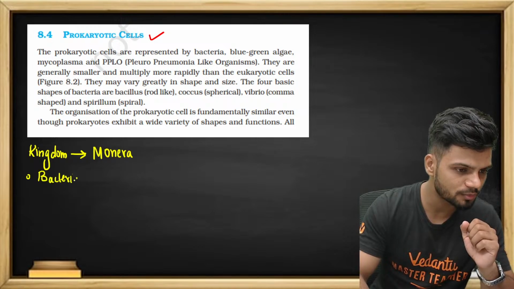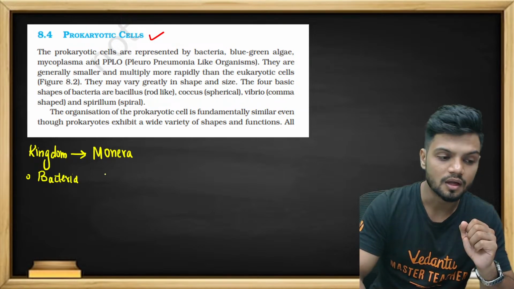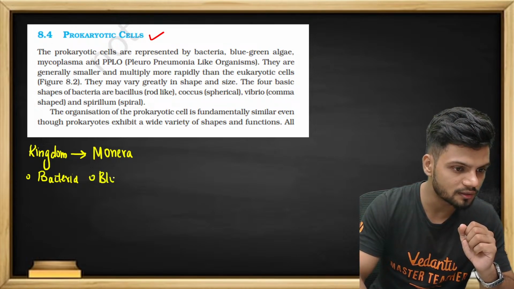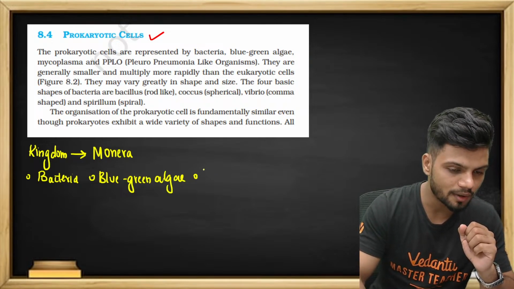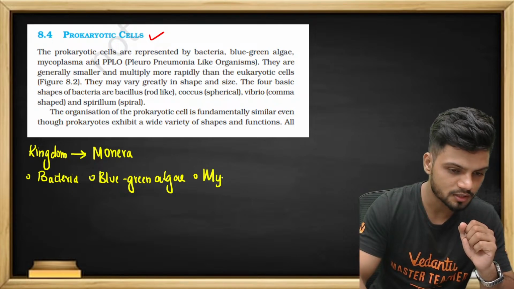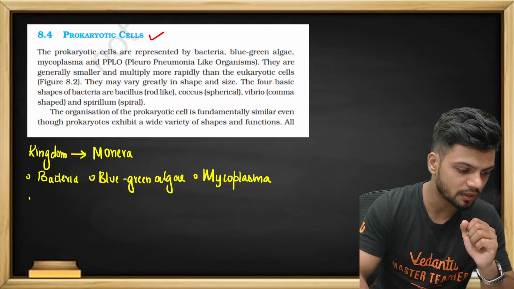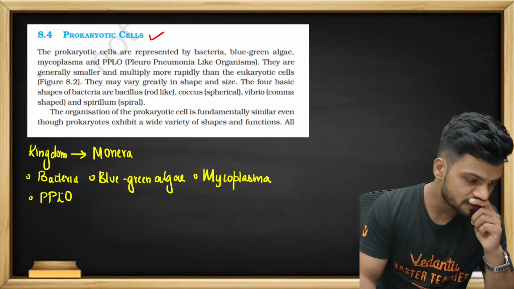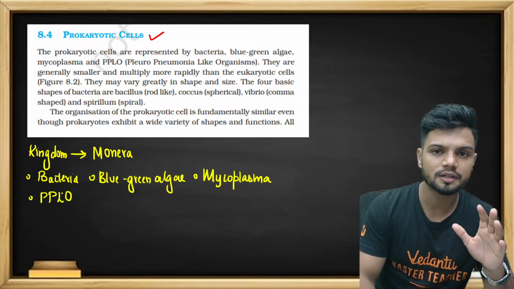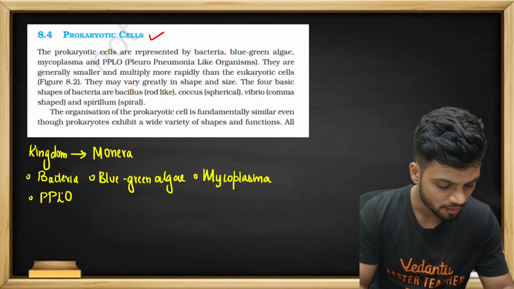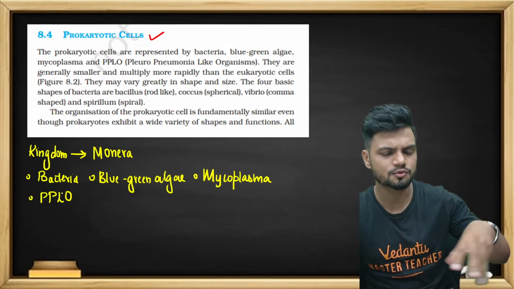Apart from bacteria, you should also remember blue-green algae, mycoplasma, and also PPLO, pleuropneumonia-like organisms. All of these should come to your mind when you think of simple prokaryotic organisms.